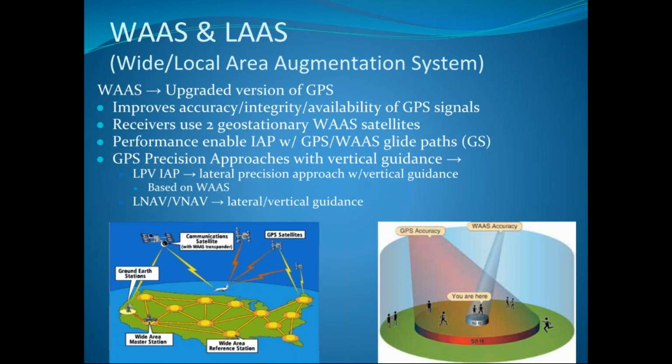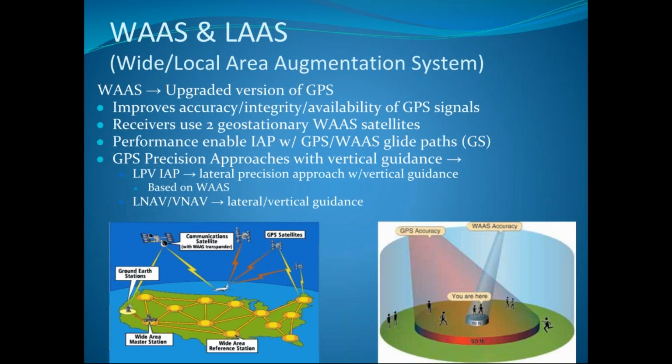So GPS approaches only use a lateral or horizontal signal. It will only tell us our location laterally, not vertically. The vertical guidance, the WAAS will allow us to use vertical guidance as well.